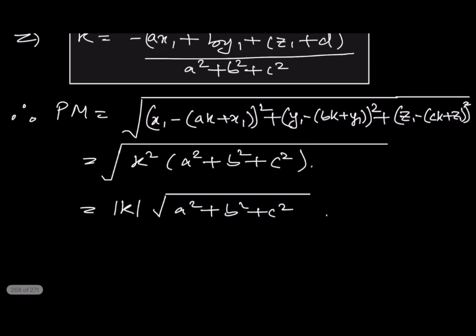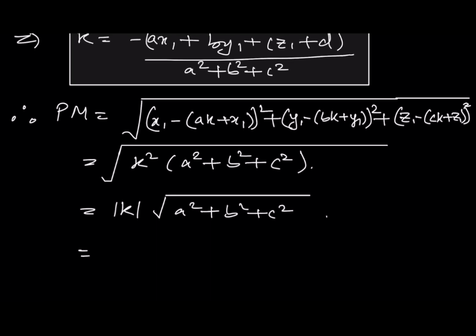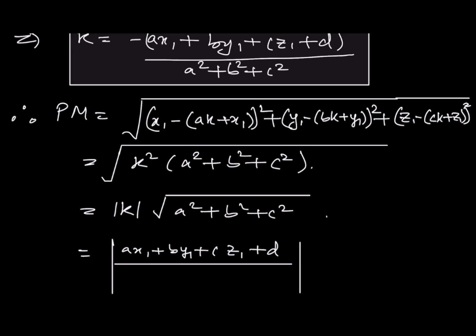And I know what k is, so it is mod of (ax1 plus by1 plus cz1 plus d) upon (a square plus b square plus c square), into root over a square plus b square plus c square.